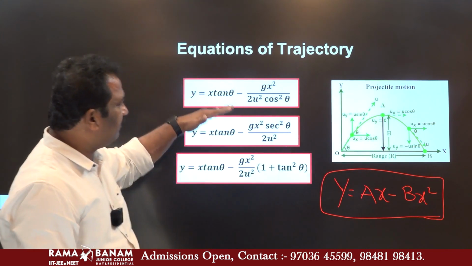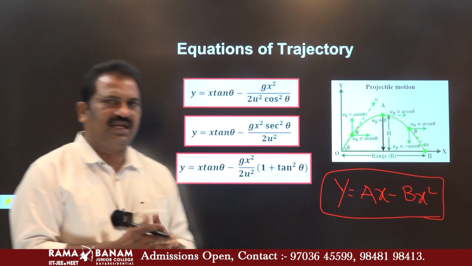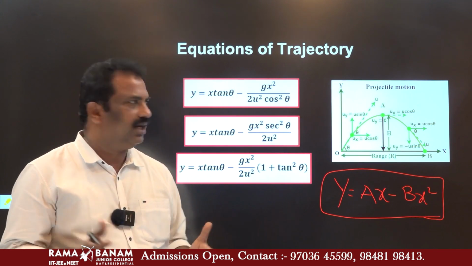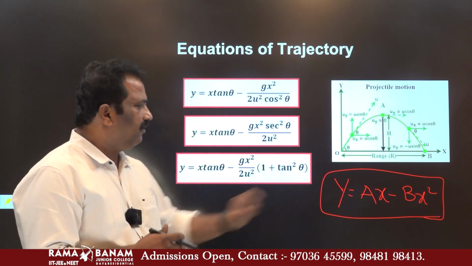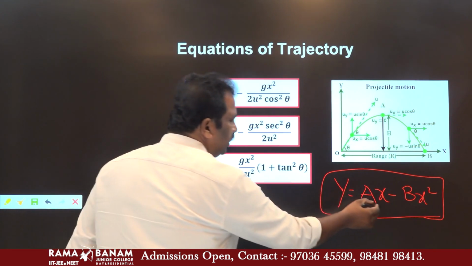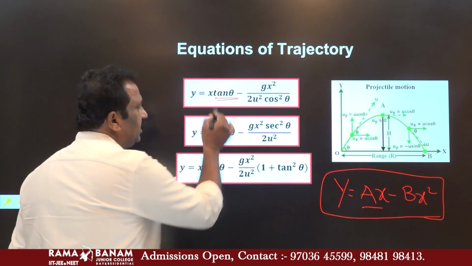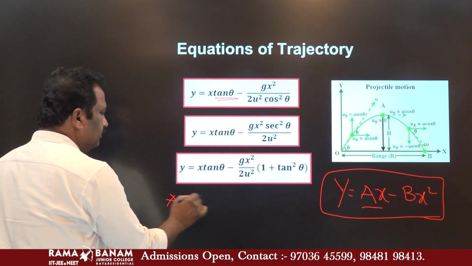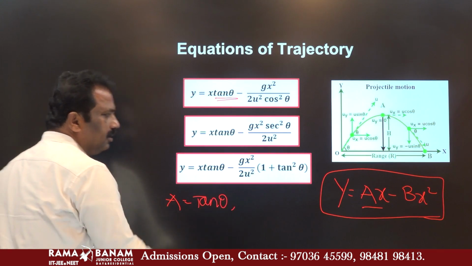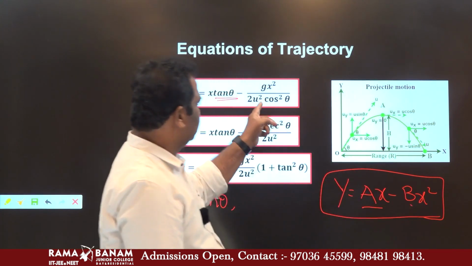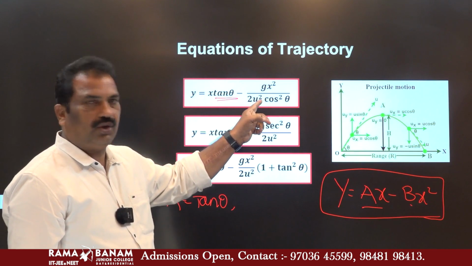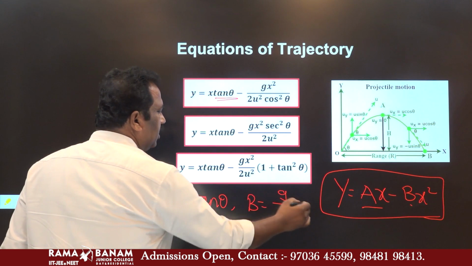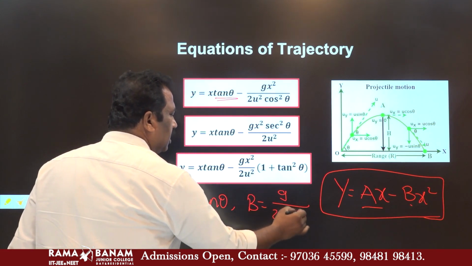Now we compare the equations. Generally we discuss this in intermediate, but in the case of IIT-JEE and NEET, objectively we compare the equations: a is equal to tan theta, and b is equal to g by 2u square cos square theta.